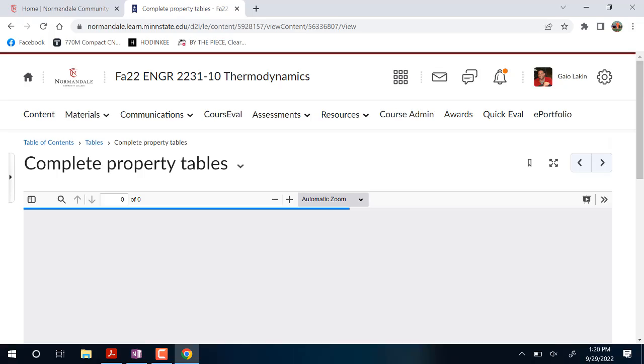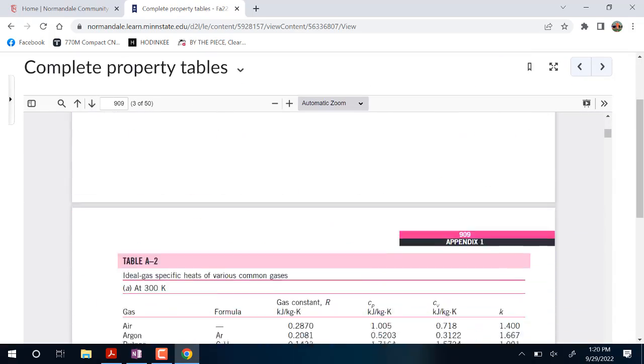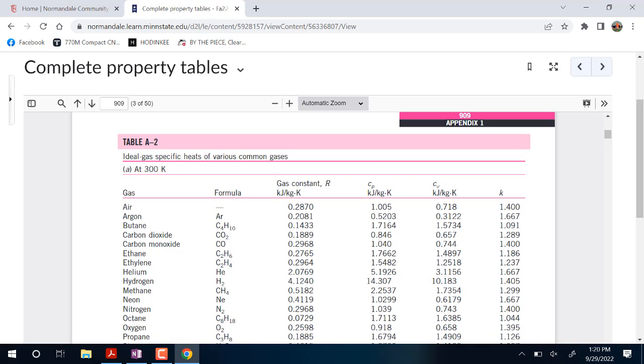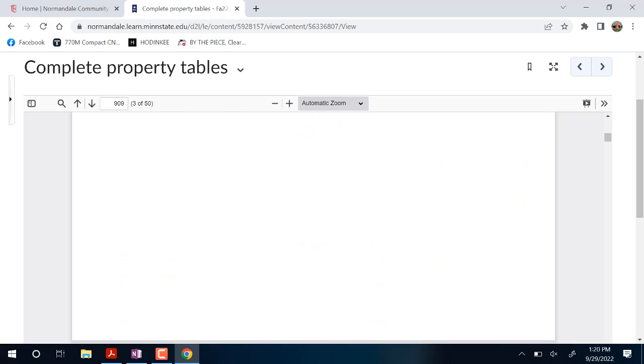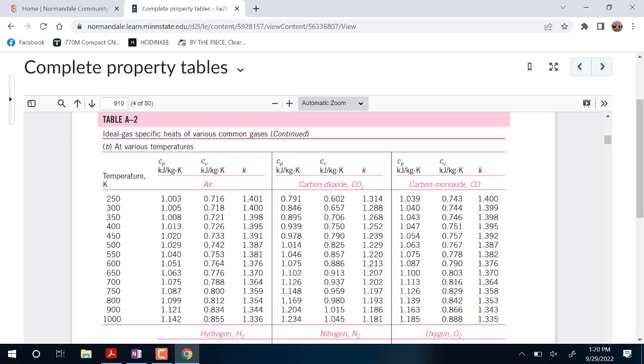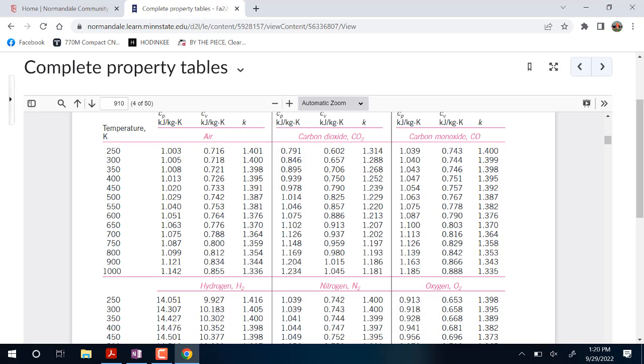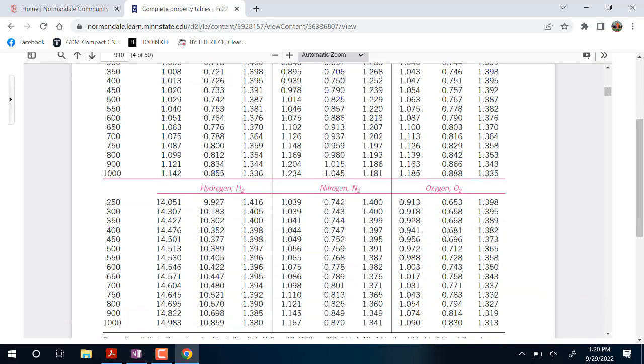This is the one you have to go to for the ideal gas stuff. And we're looking for specific heats at different temperatures. We use CV. Okay, so here's nitrogen at a few different temperatures. At 300 Kelvin, the specific heat for nitrogen, C sub V, is 0.743.